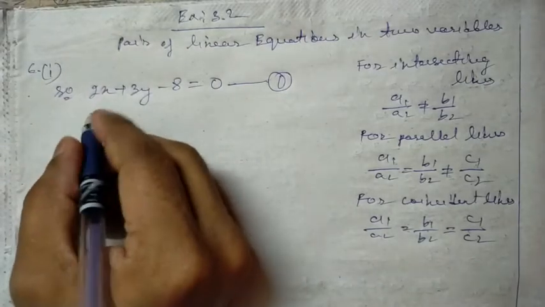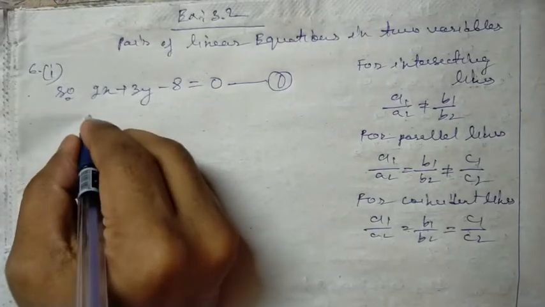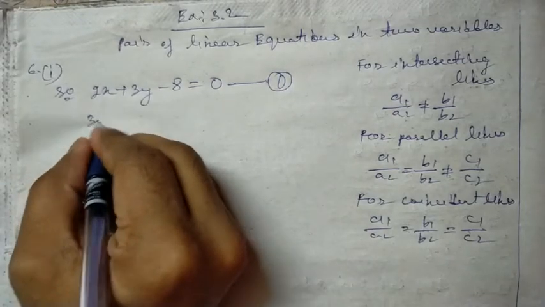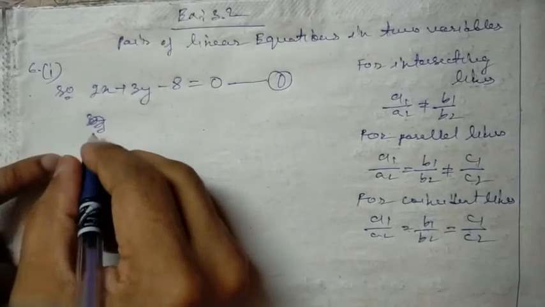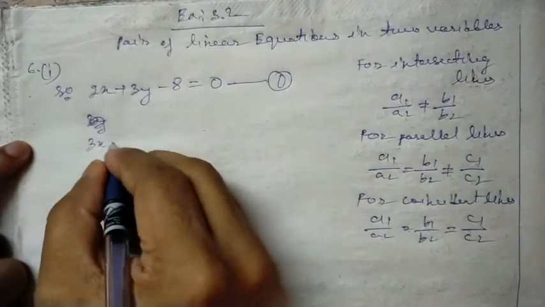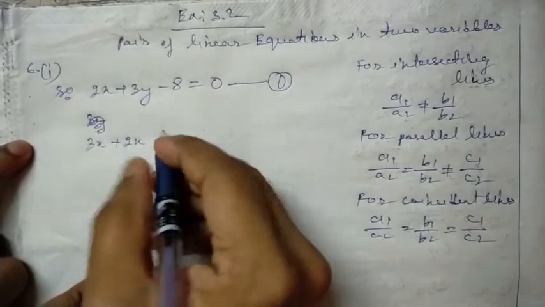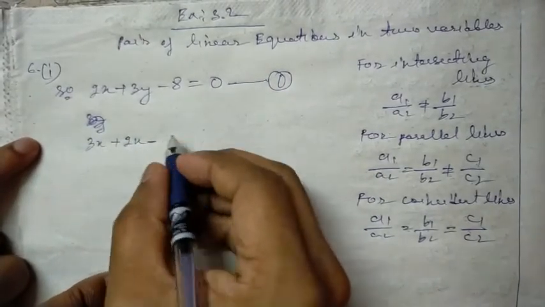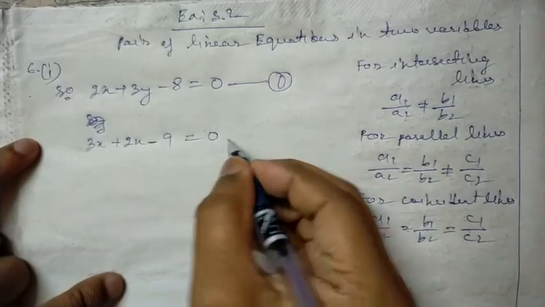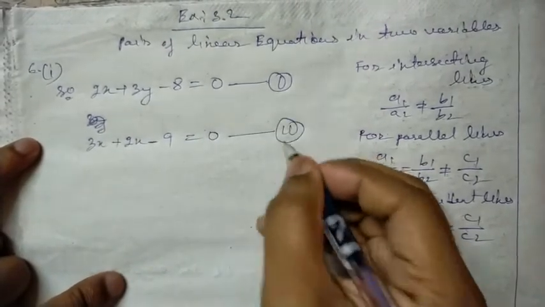So I can take 3x + 2y - 9 = 0. This is our equation number 2.